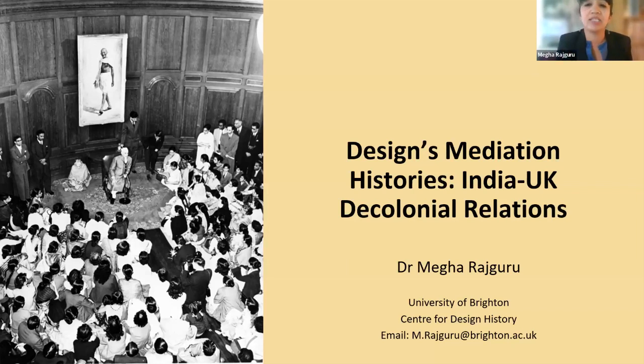So this 45-minute long paper will focus on transnational links between UK and India in the first decade or so, the post-independence years. I'm going to try and focus my attention from 1947 to the late 1950s, with a view to address two aspects.